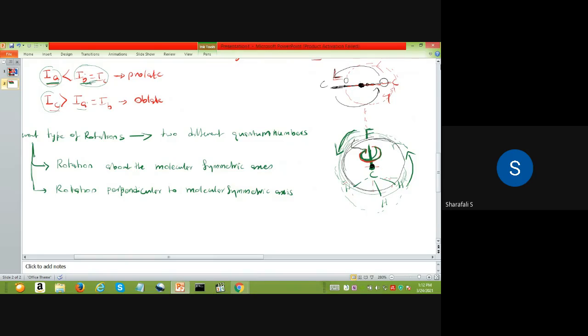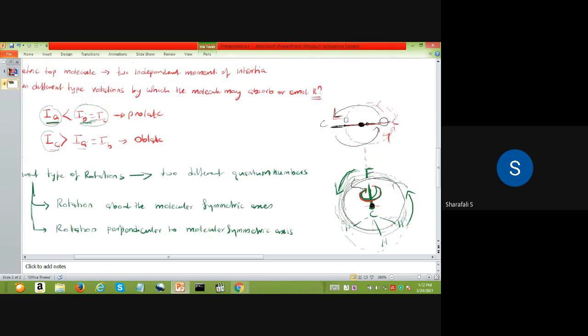For example, this axis, which is coming out of your screen, this rotation is possible. And another axis with the same rotation is this axis.